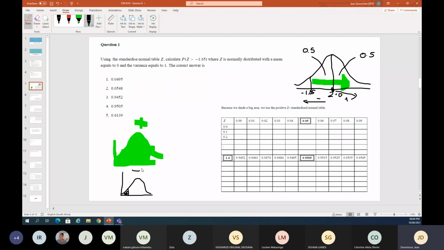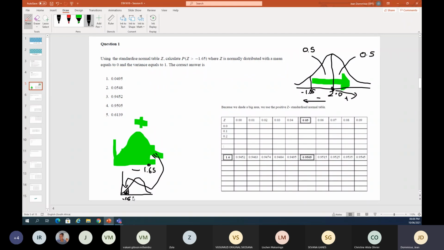So if there's a value of 1,65, that area is the same as the area there if that is minus 1,65. If you understand that, it becomes much easier to see what the answers can be. So we need to get that big area.